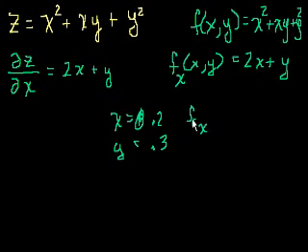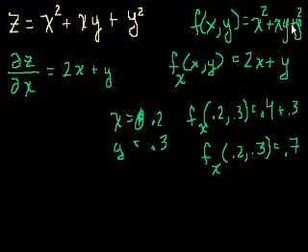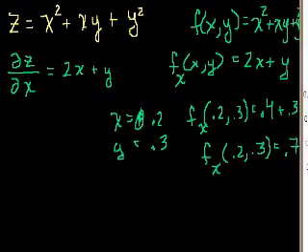The partial derivative of f with respect to x at the point (0.2, 0.3) is equal to 2 times x, so it's 0.4, plus y, which is 0.3. So the slope of this function with respect to x at the point (0.2, 0.3) is equal to 0.7. Let's see if we can visualize that.